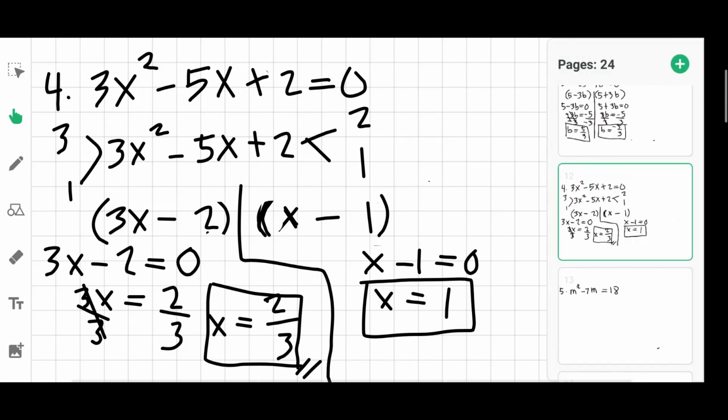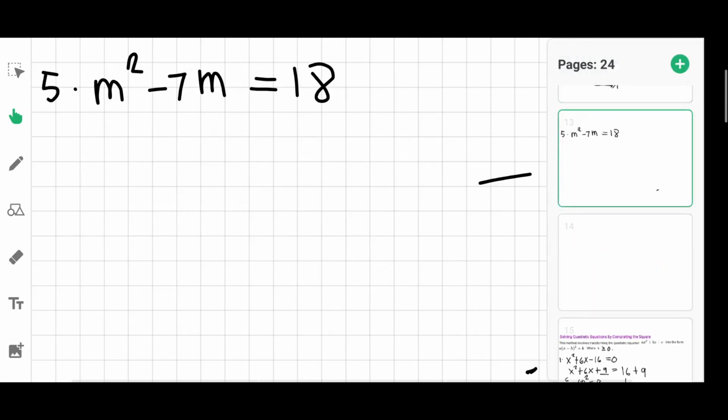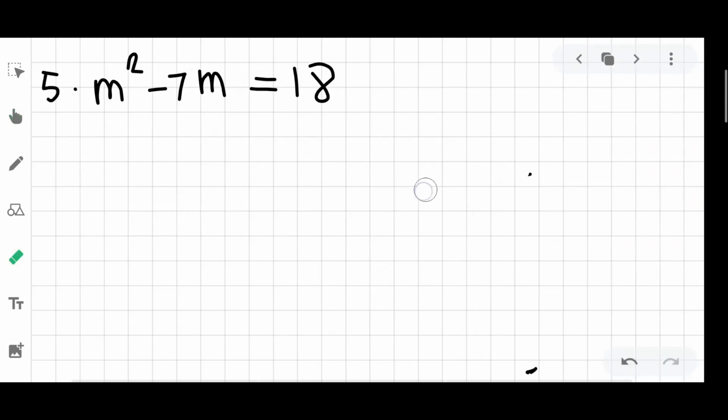Para sa 5 example, or for our last example, we have m squared minus 7m equals 18. Ngayon, ano kaya ang gagamitin natin dito na factoring para ma-solve natin ang mga solutions for our quadratic equation?